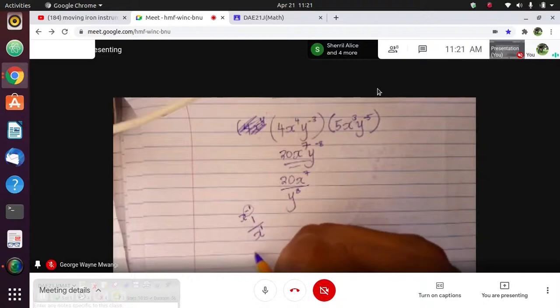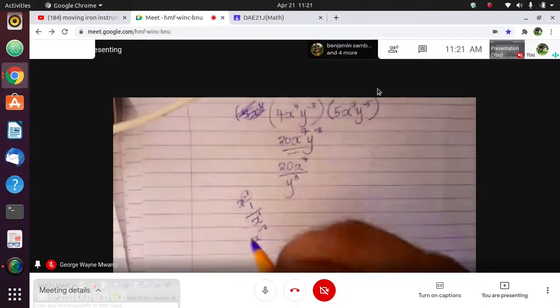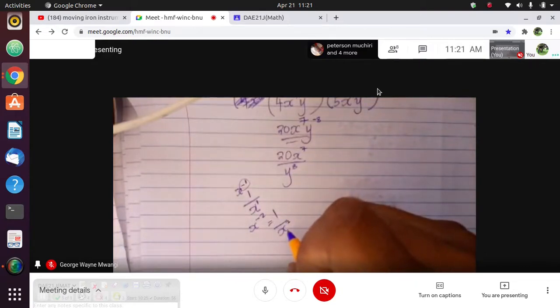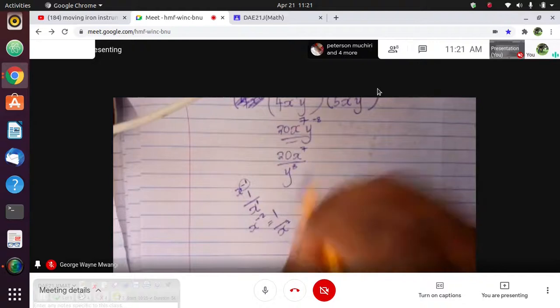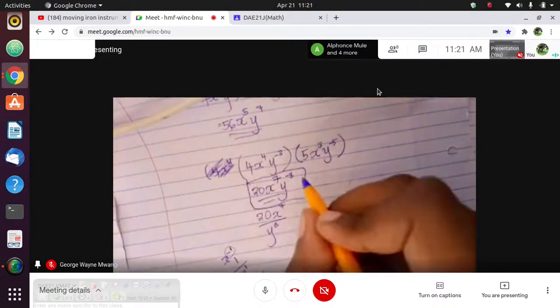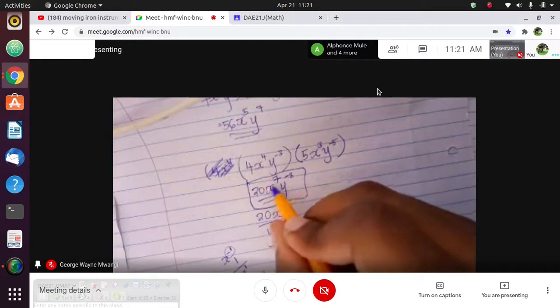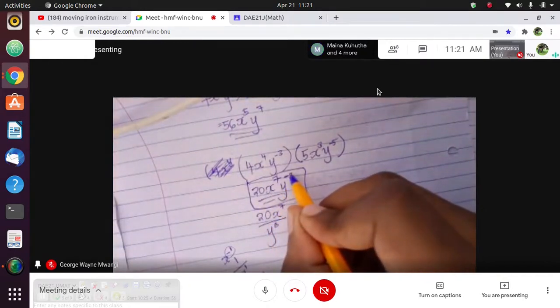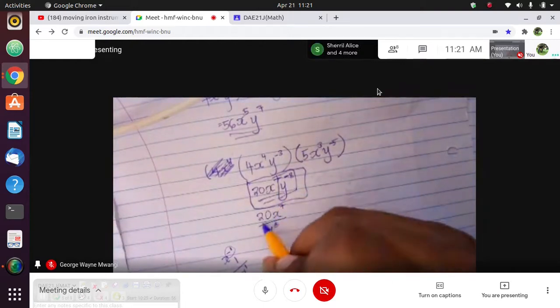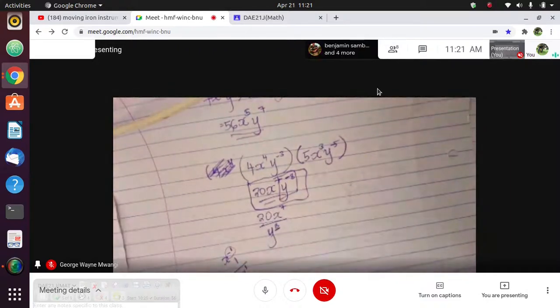So if I have x raised to power negative 2, it is the same as writing it as 1 over x squared. Are we together? So in this example over here, if your answer is 20x and you have a negative exponent, you can write this value of y raised to power negative 8 as a denominator. But you remember to change that sign of the exponent, the sign of the power to positive.